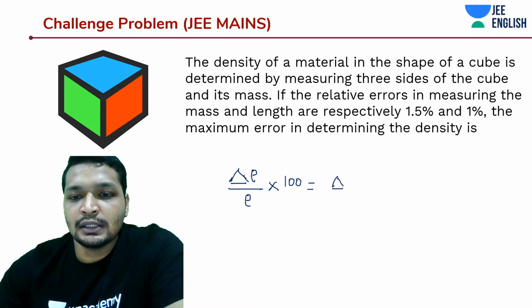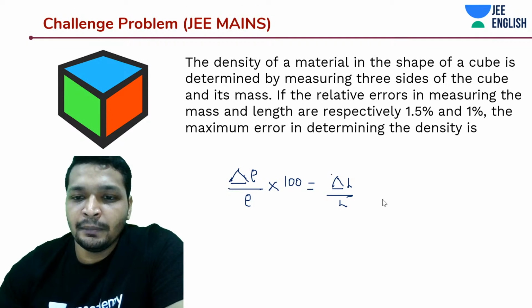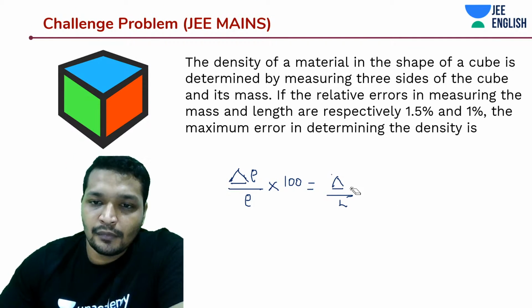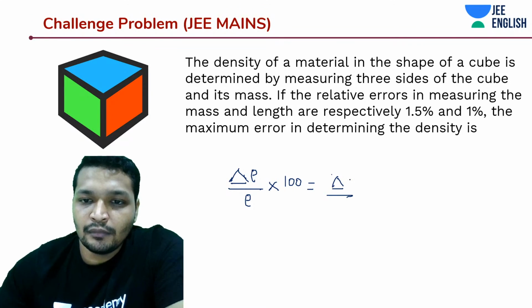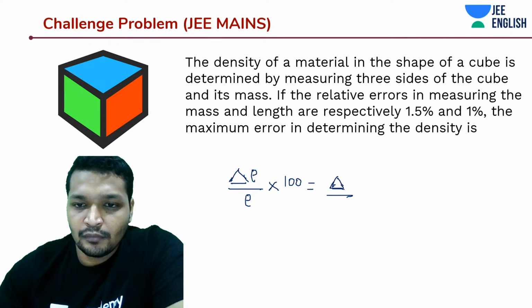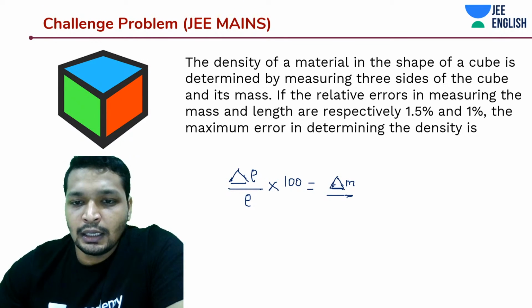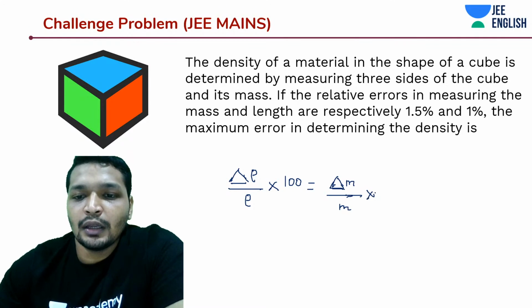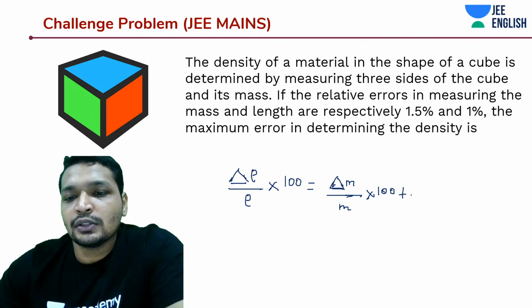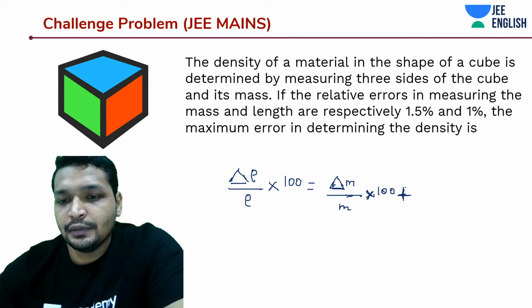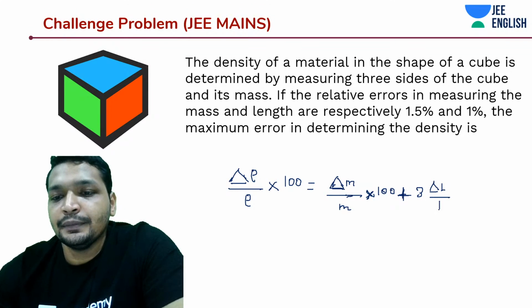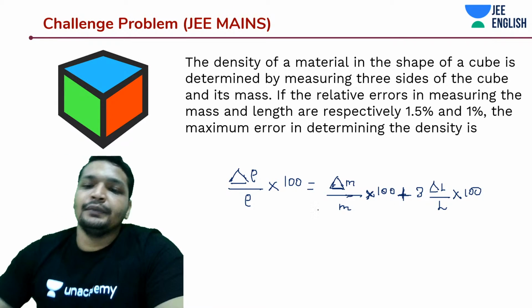Nothing but I'm saying that it is delta M by M into 100 plus 3 into delta L by L into 100, right?